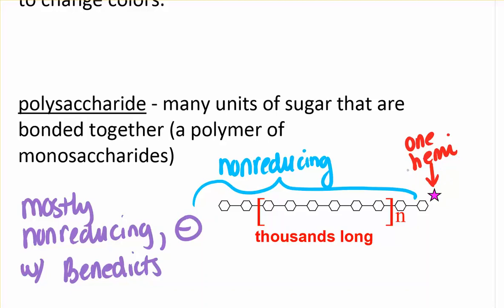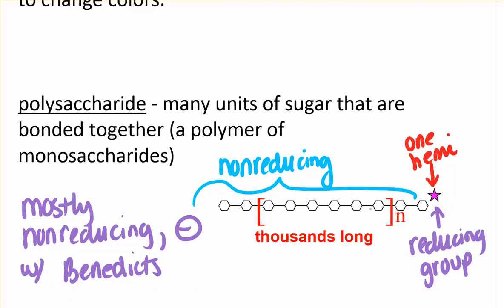Even though it does have one hemiacetal, we call this the reducing group or reducing end. So it does have one reducing group, but thousands that are not, so it doesn't react.